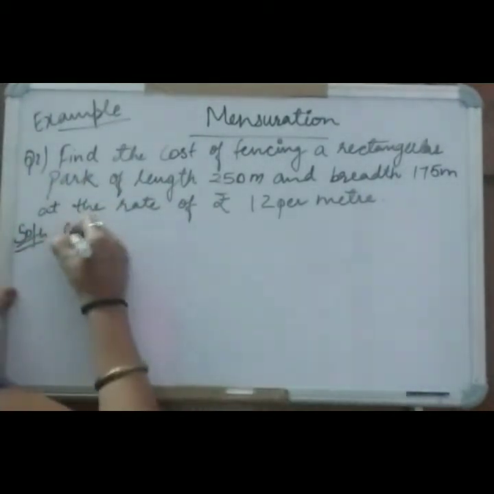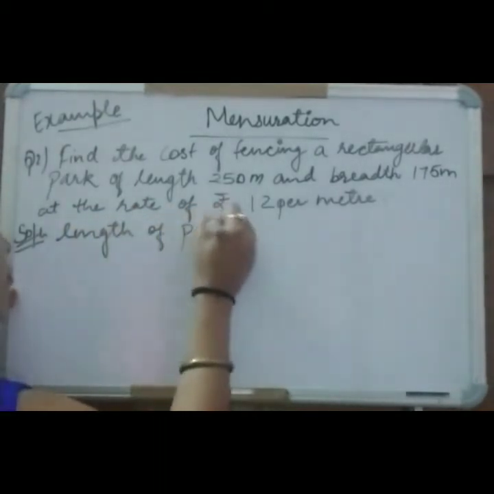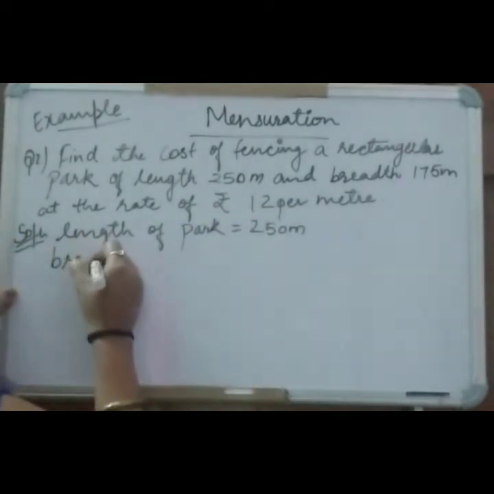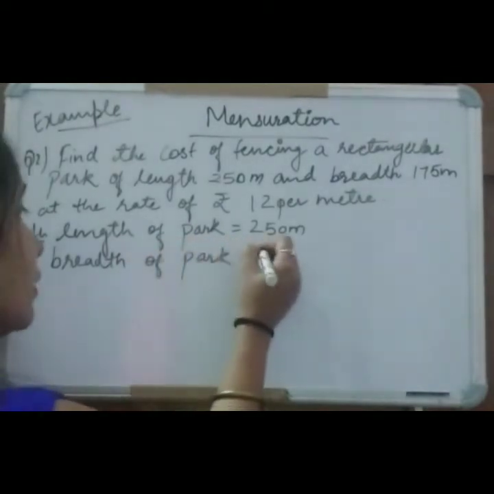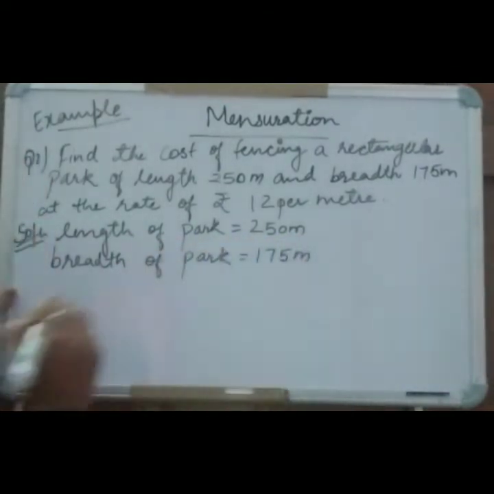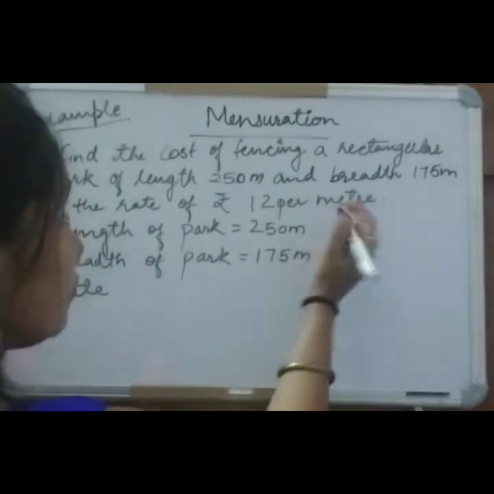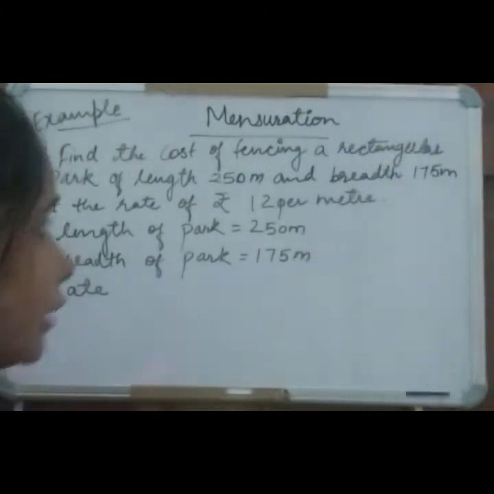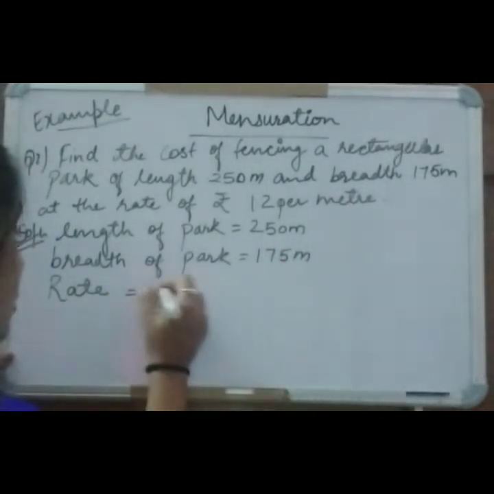Length of park is 250 meter, breadth of park is 175 meter, and rate. This is called rate per meter. Wherever it is written per meter, per centimeter, per kilometer, whatever it is, that is called rate. So rate here is rupees 12.